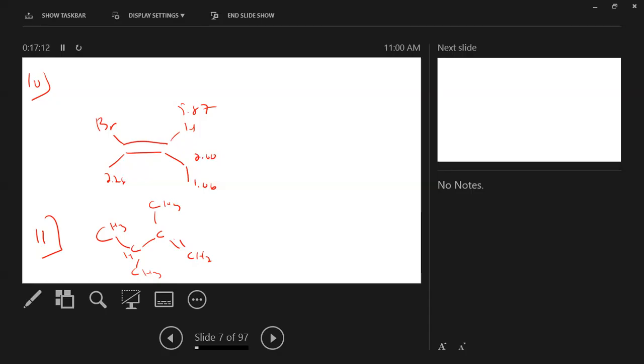All right, so let's go on to 12. To identify the unknown compound, they give you C4H6O, give you some proton NMR, give you an IR. The compound liberates a gas when treated with C2H5MgBr.